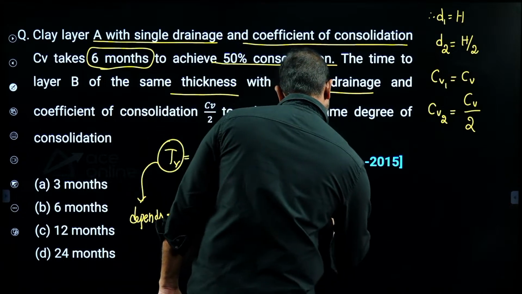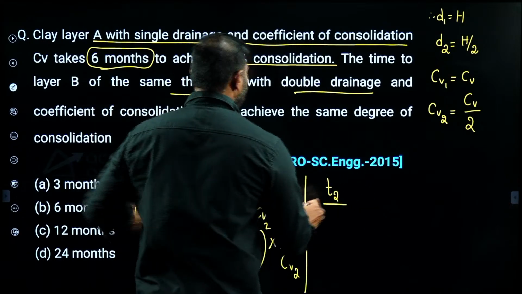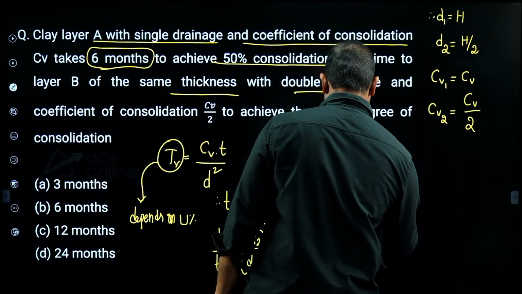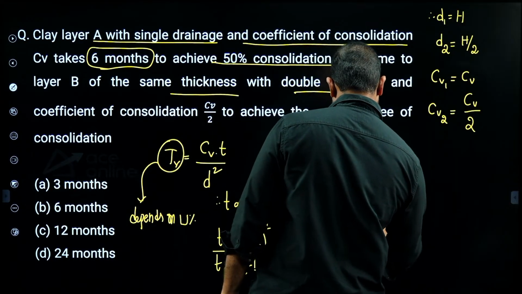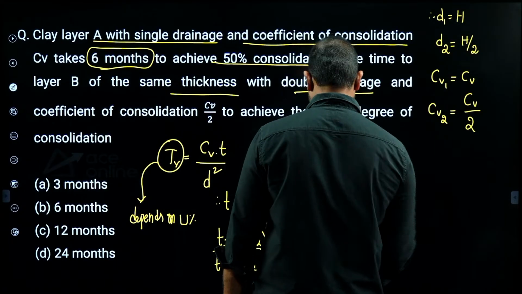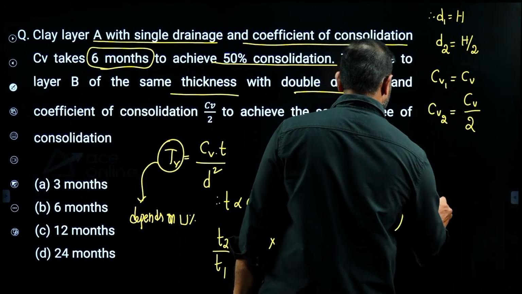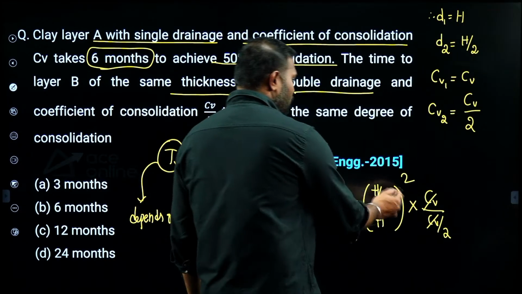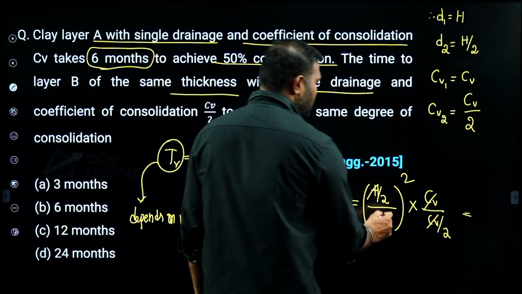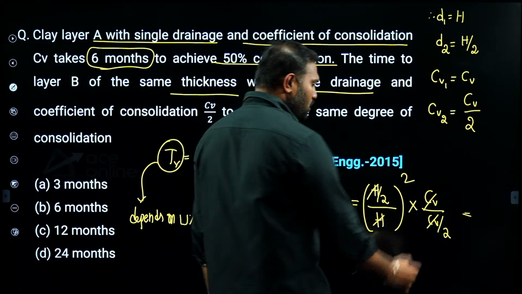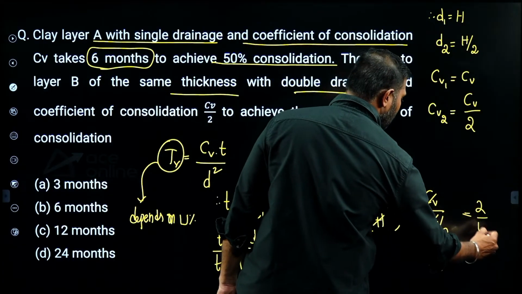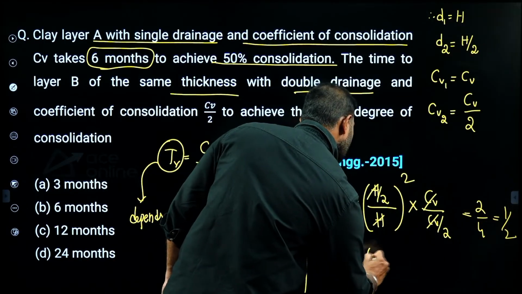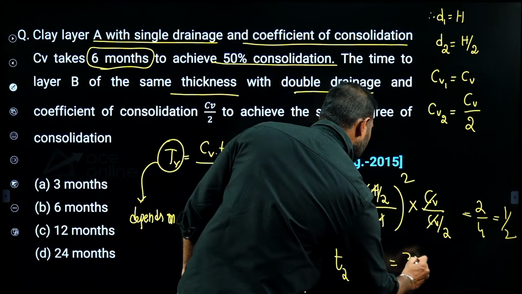So T2 by what is the T1 given? 6 months is equals to D2 which is H by 2 by H whole square into CV1 CV by CV by 2. So now this is like HH will get cancelled, 1 by 2 square 4, and this will become 2 by 4. 2 by 4 is nothing but 1 by 2. So T2 is equals to 6 by 2 which is equals to 3 months.